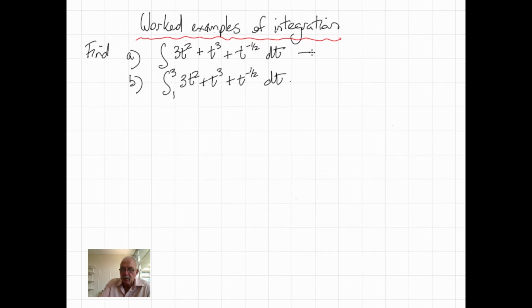This is what we've encountered before as the indefinite integral, and this is the definite integral. So this one will have a plus c in it, and this one will actually have to evaluate between 1 and 3. So let's just do part A first.